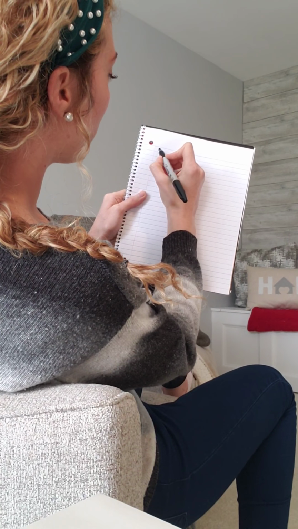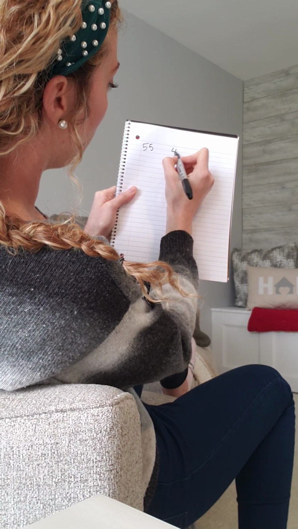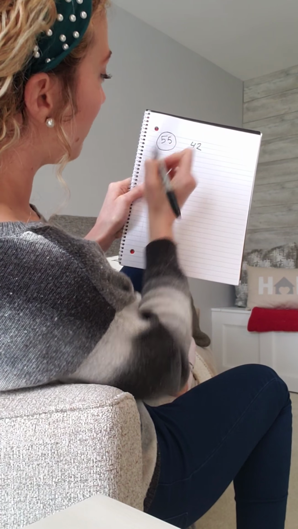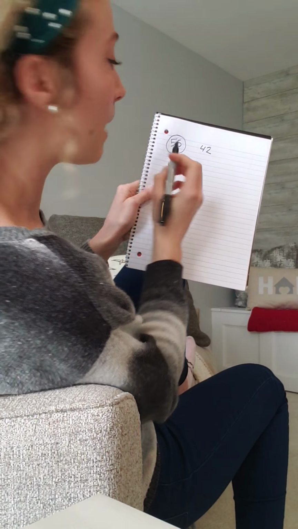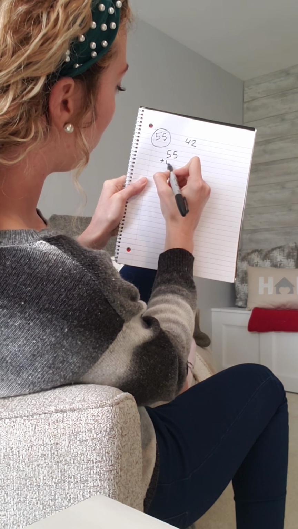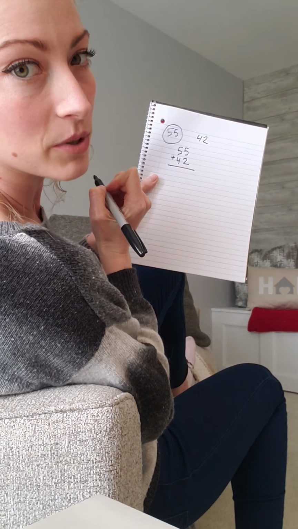And how we make that happen is we pick two numbers. So maybe let's pick 55 and 42. Now, which one of those is bigger? 55 is bigger, so that one has to go on top. So 55 minus 42. My ones are lined up, my tens are lined up, so I'm ready.